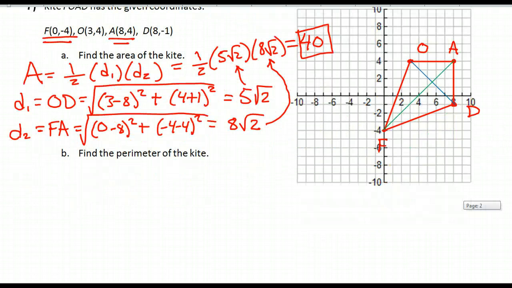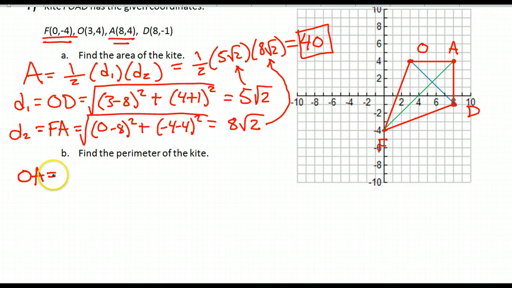Now, of course, to find the perimeter, we need to find the 4 distances. Now, I'm going to have to do the distance formula twice, but 2 of the distances I can just count. So let's get that out of the way first of all.